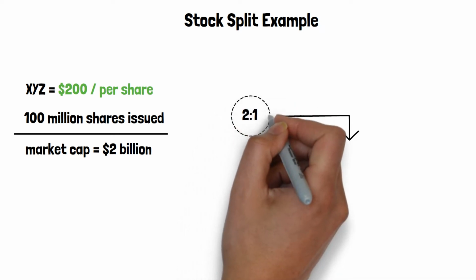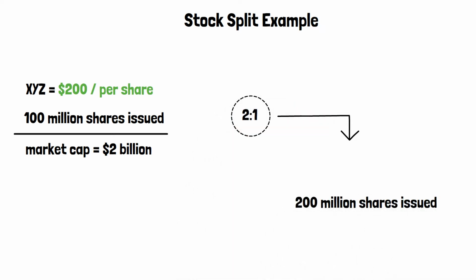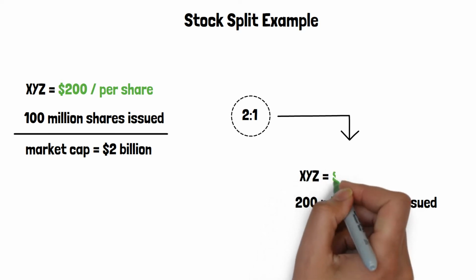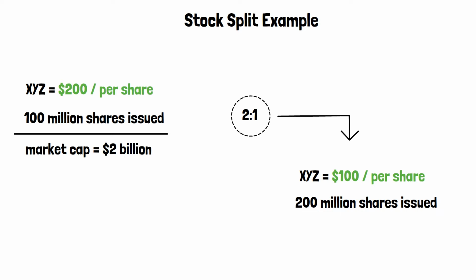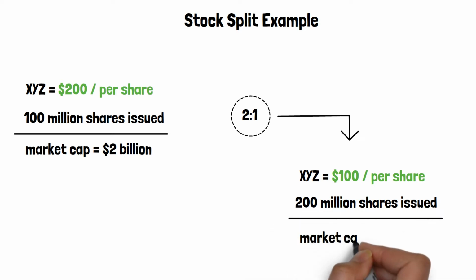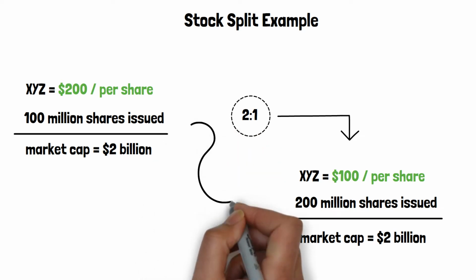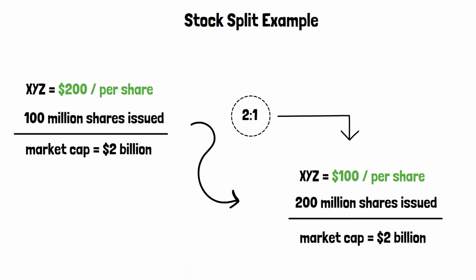They have 2 shares for each one previously held, but the stock price is cut by 50% from 200 to 100. Notice, however, that the market cap stays the same, doubling the number of shares outstanding to 200 million while simultaneously reducing the stock price by 50% to $100 a share for a market cap of $2 billion. So the true value of the company hasn't changed at all.